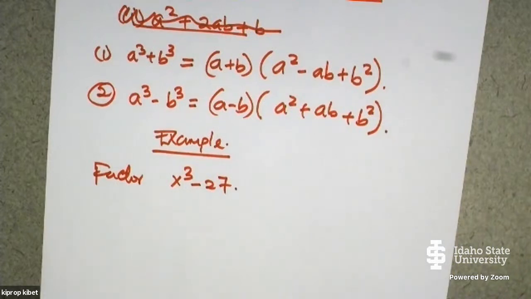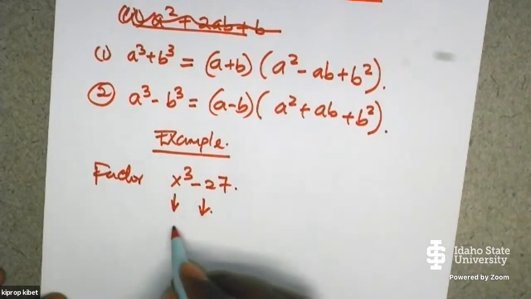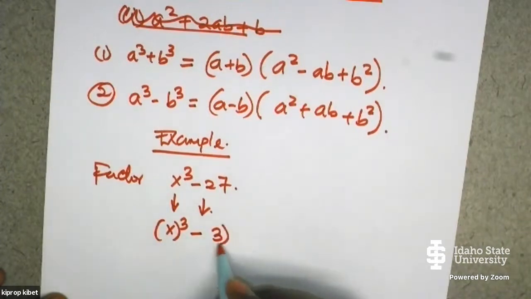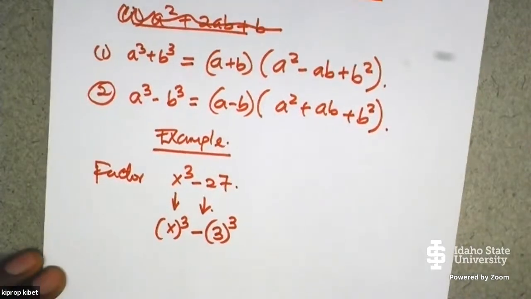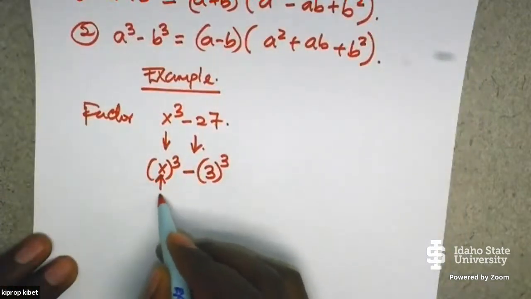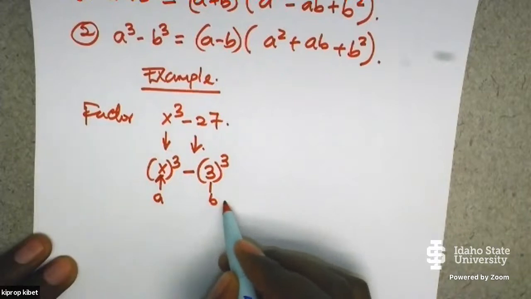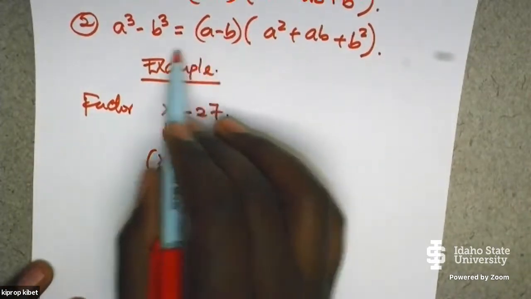So in this case, this one is similar to what? x cube minus 3 cube, right? So this will be our A, and this one is our B. Our A and B. So we use which formula?